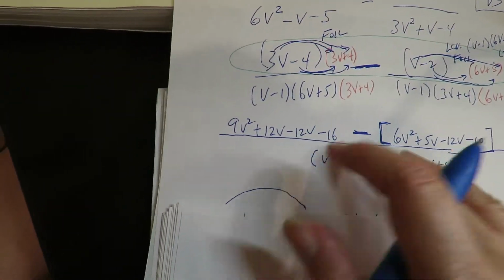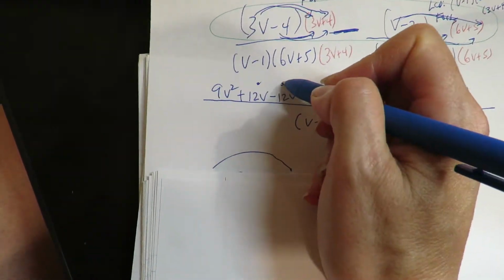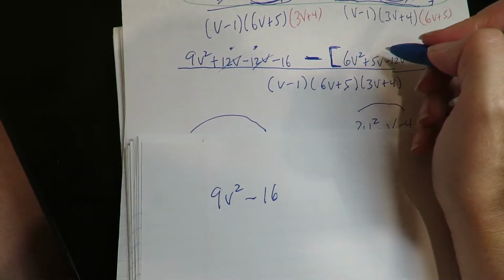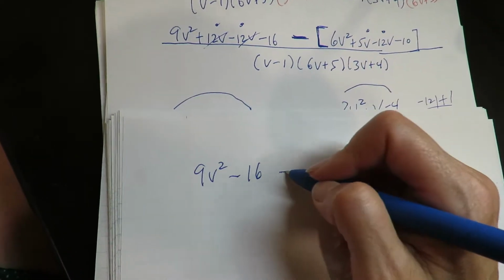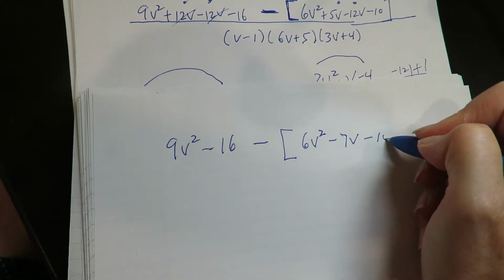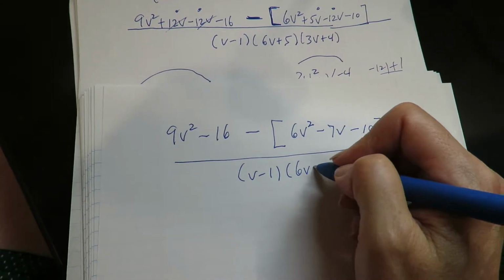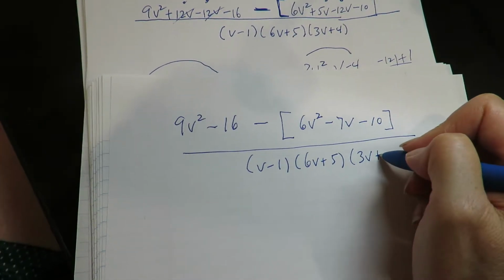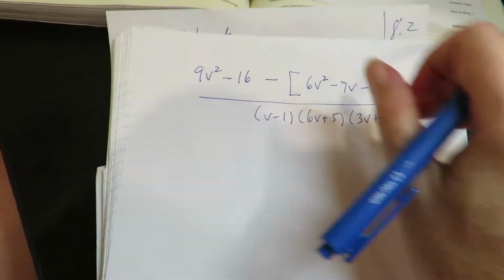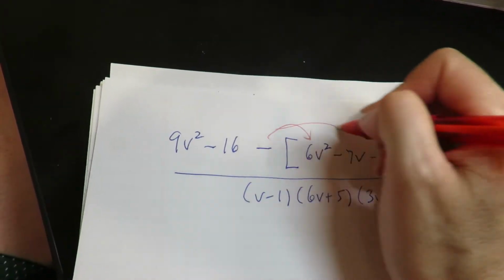So I'm just going to combine a little stuff first in the next step just to clean it up a little bit. I still have to subtract that, but I'm going to combine this and I'm going to combine this. Okay, now let's go ahead and distribute the negative because we are subtracting.